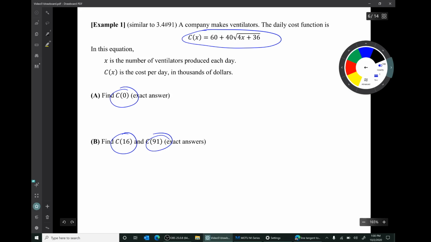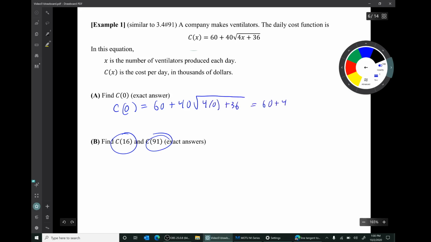Well, c of 0 denotes the value of this function at x equals 0, so we just simply substitute in x equals 0. So c of 0 is 300.